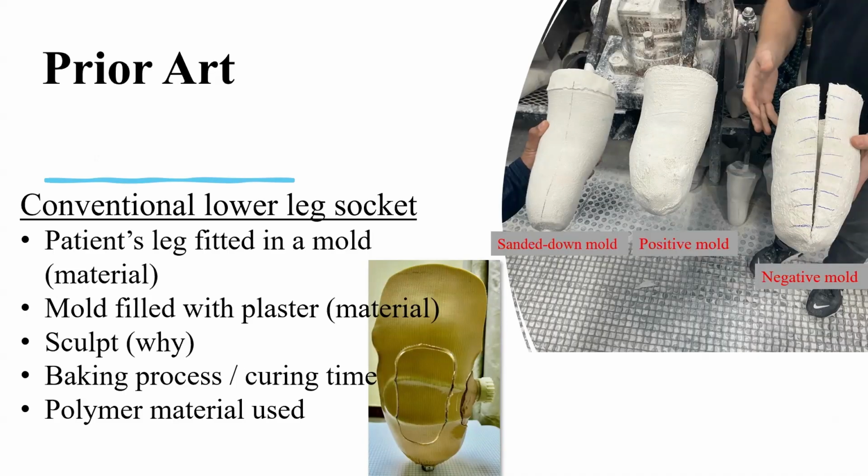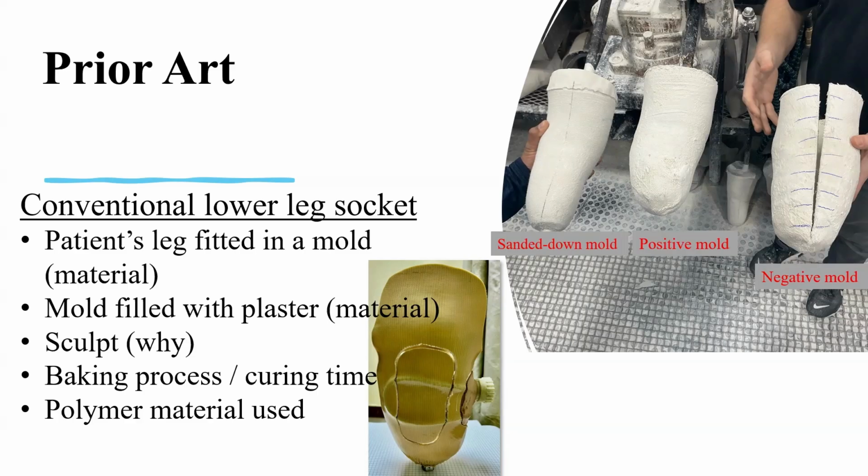So before we could even find a way to make the socket more affordable and match our goal for the design, we need to first dig into the conventional way of making a prosthetic socket. From our research, we found a prosthetic facility in Long Island here in New York. And when we spoke to the engineer, he told us there are three major parts in making the sockets.